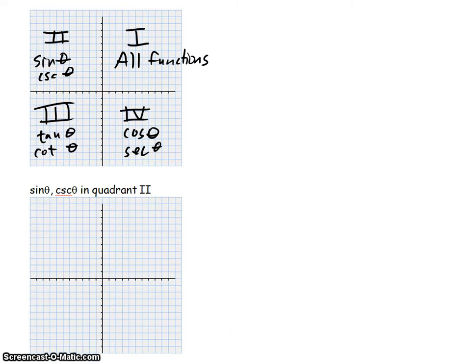And here's why for sine and cosecant. If I draw any old thing, here's r, here's y. r is always positive, because it's a distance from a point to another point. Now, y, still a distance, but it is a vertical distance.